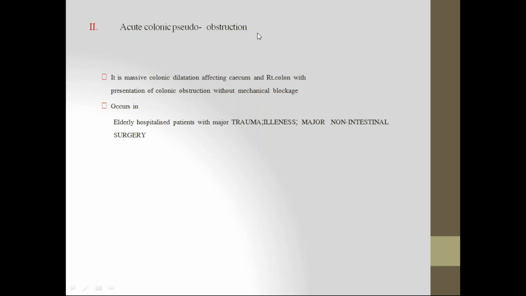Acute colonic pseudo-obstruction is also known as Ogilvie syndrome. It is a massive colonic dilatation in the absence of any mechanical blockage. It commonly affects the cecum and the right colon. There is no mechanical factor involved.